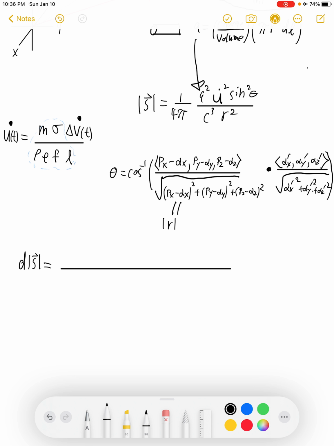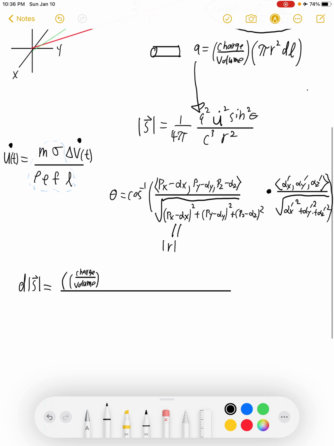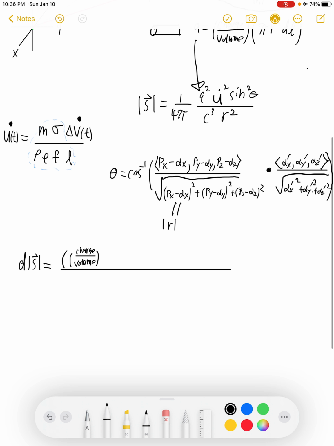Q squared, so find out what the charge density of your material is, charge per volume. Q squared, V dot squared.